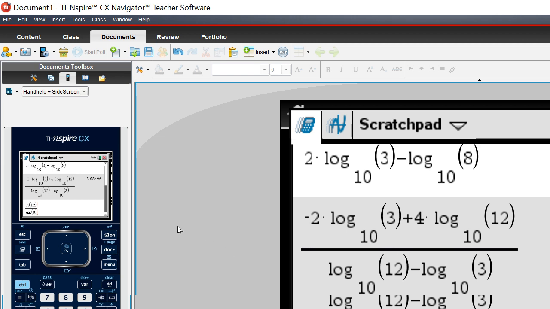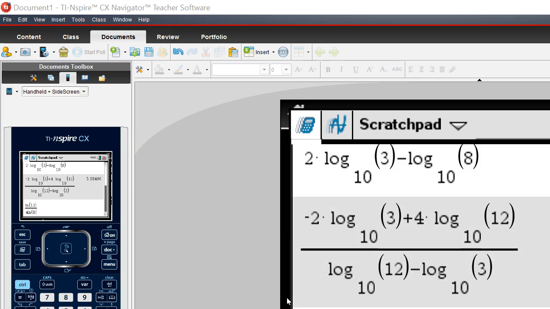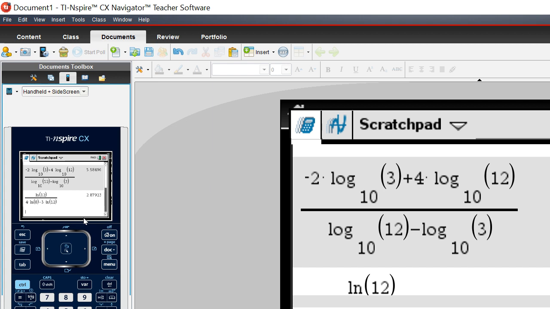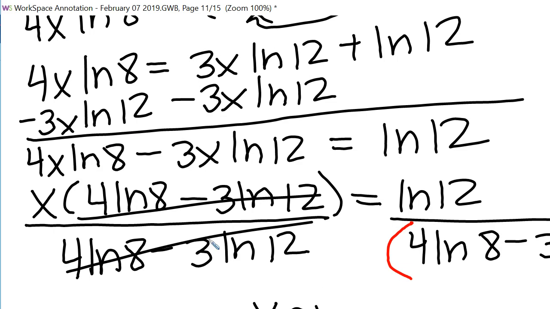Oh, no, that's right, 3 natural log of 12. And to the nearest thousandth, what would that answer be? I agree, 2.879.